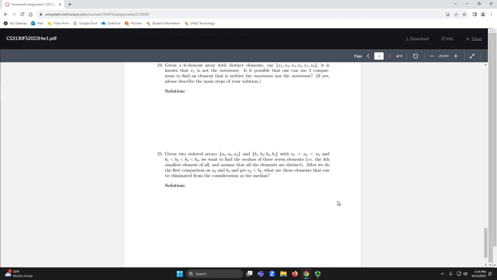So you can safely eliminate it. Similarly, if you find one element is greater than 5 elements, you can safely eliminate it. From two sides, to increase the chance for your elimination.